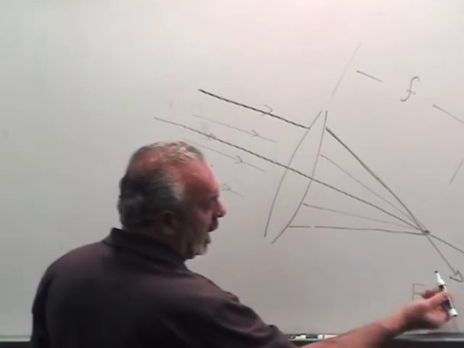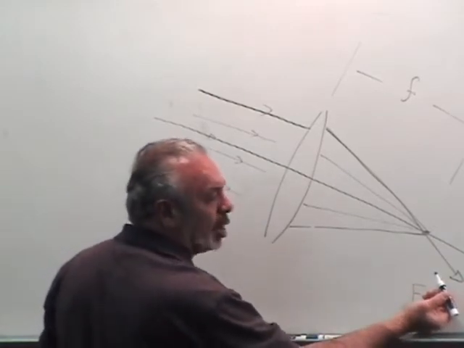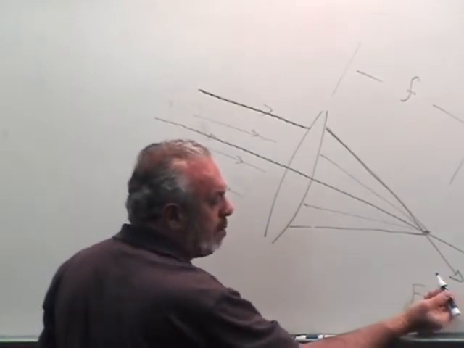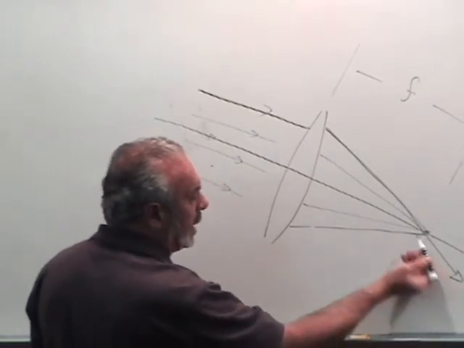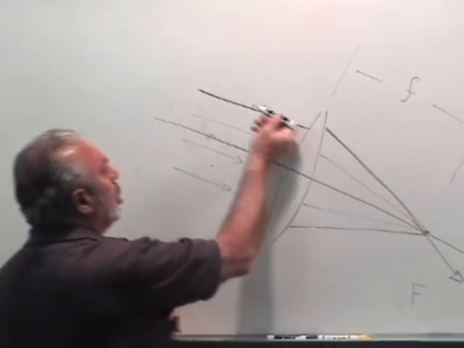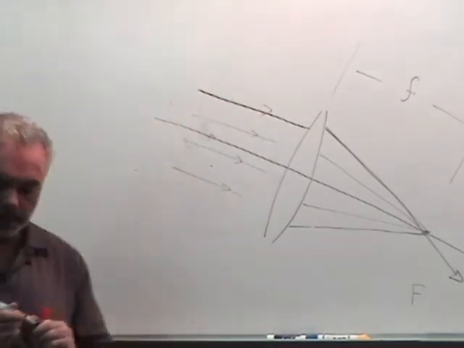If I was to turn that light ray around, it would back out of the lens along the same path. That is, if I forced this light ray to go through the focus like this and strike the lens, then it would leave the lens paraxial. It's called the principle of reversibility, that once you find the track of a light ray through a lens, you can simply turn it around and it will back out of the lens along exactly the same track.